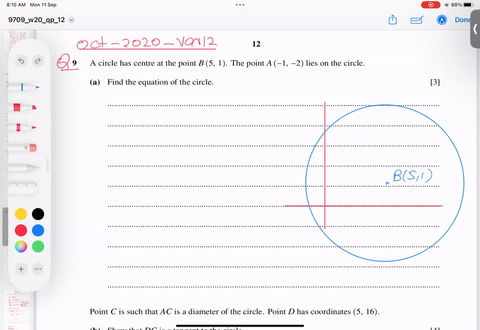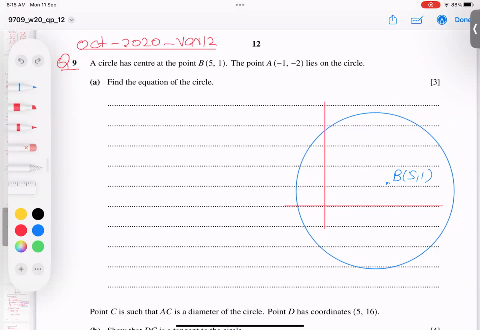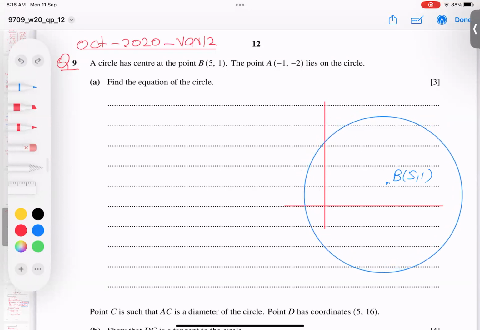If I drag this circle slightly below and drag the center, the center is somewhere here and this point is here.